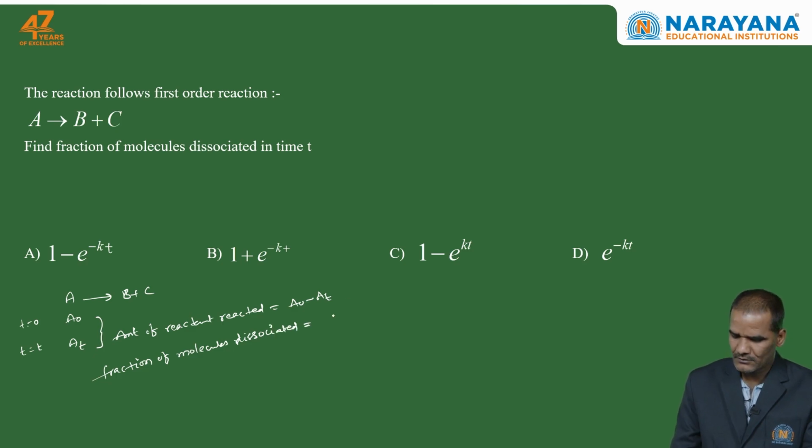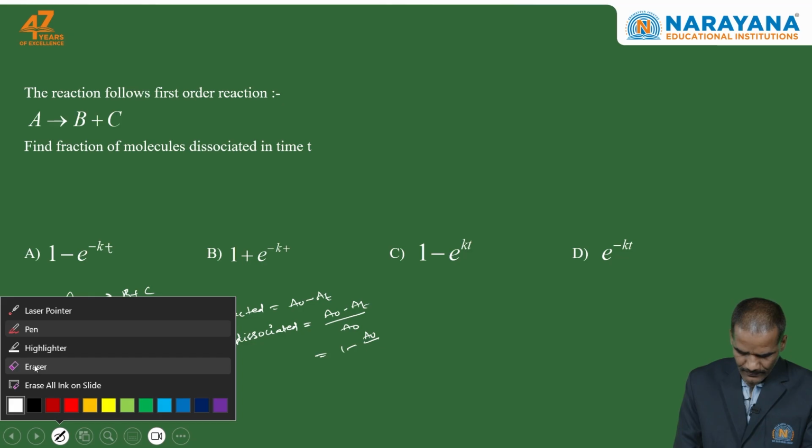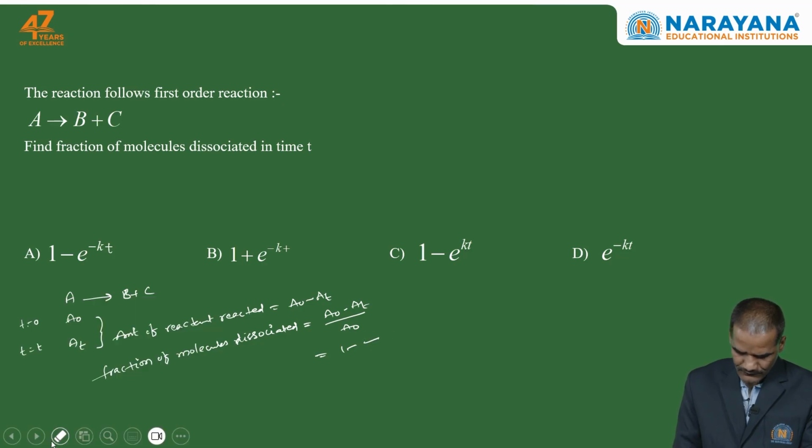that is equal to the amount of the reactant reacted, that is A0 minus At, divided by the initial amount, which is A0. From this we can write 1 minus At by A0.